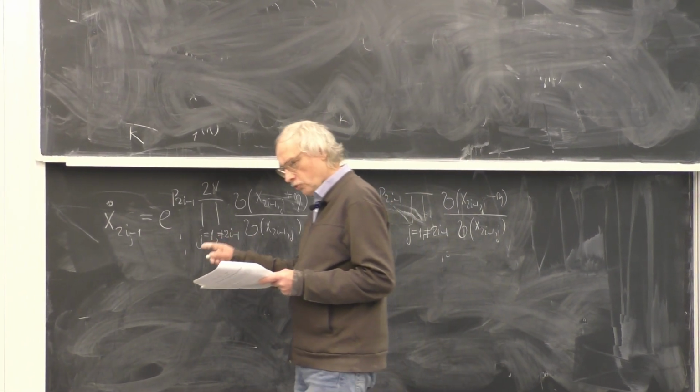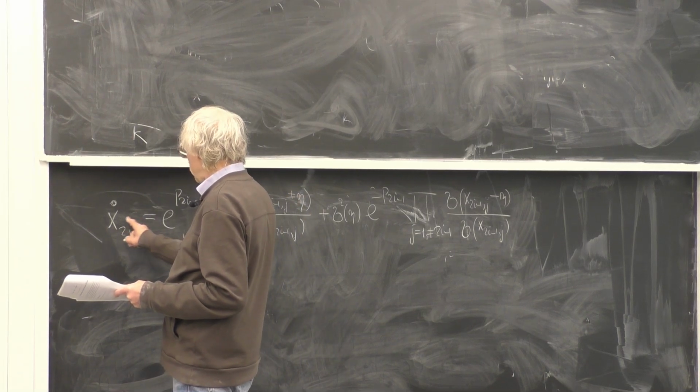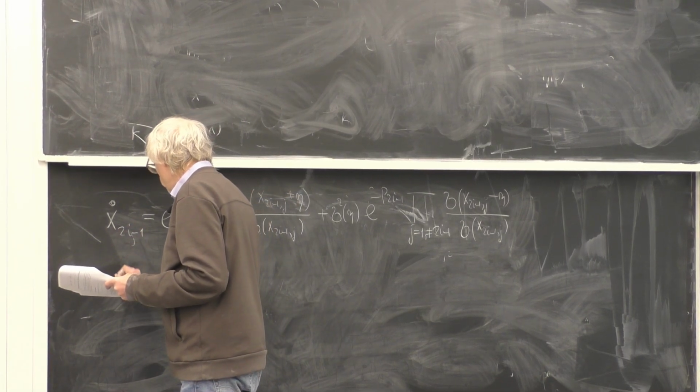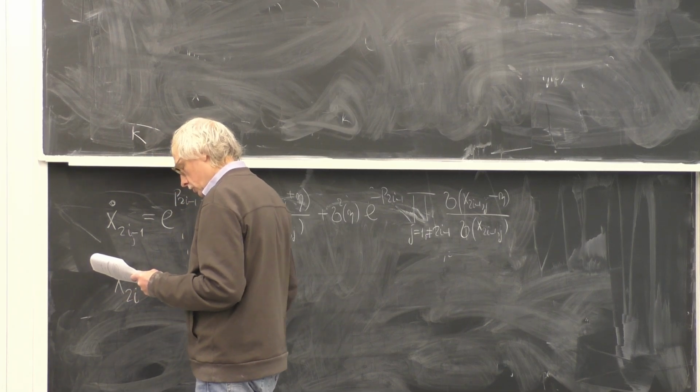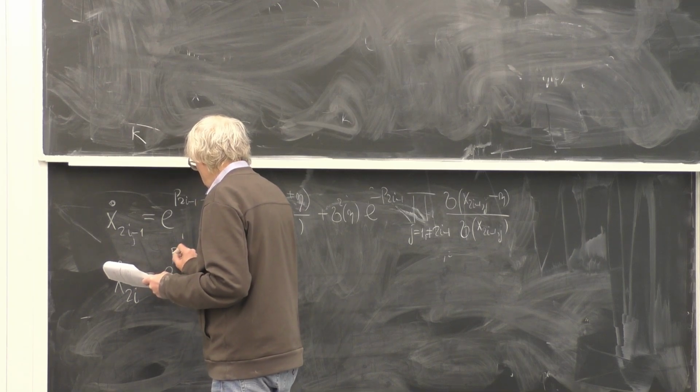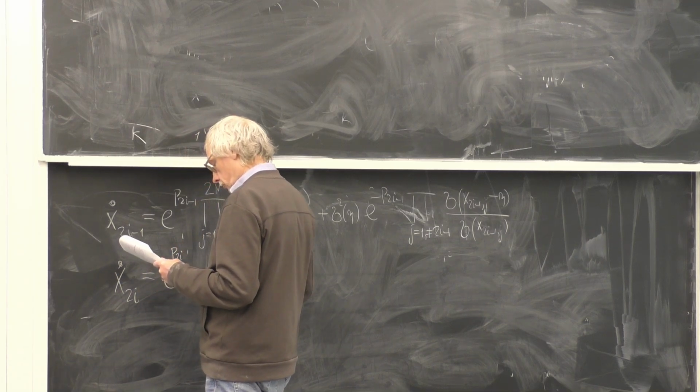These are velocities for particles with odd numbers and with even numbers. It will be the following.